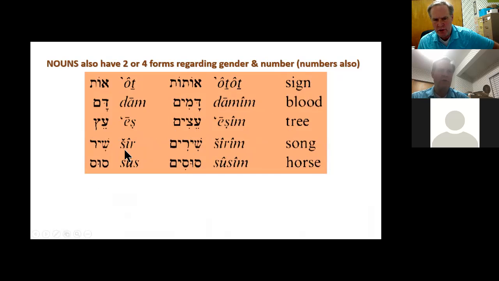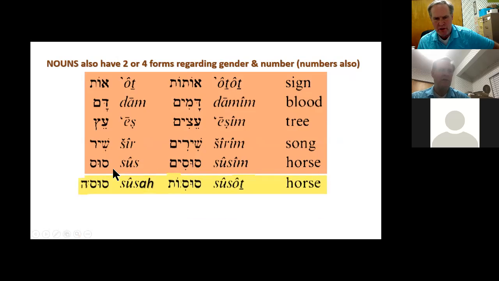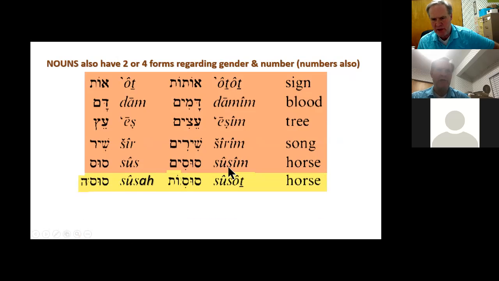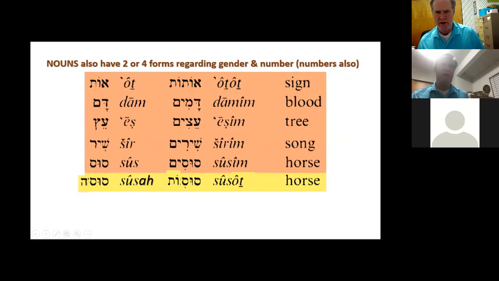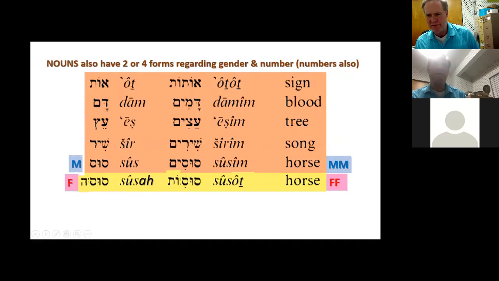Song is shir, and songs is shirim. Horse can either be sus or susa, susim, or susot. You can have masculine or feminine of those, or you can have feminine songs or feminine trees or feminine blood or feminine signs. So they agree in gender and in number, but also in numbers of things.